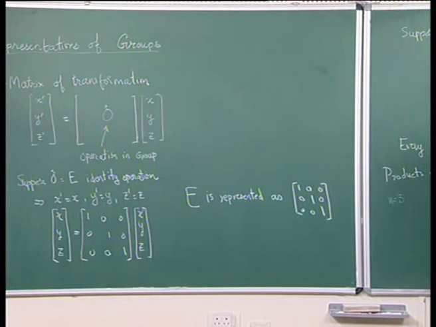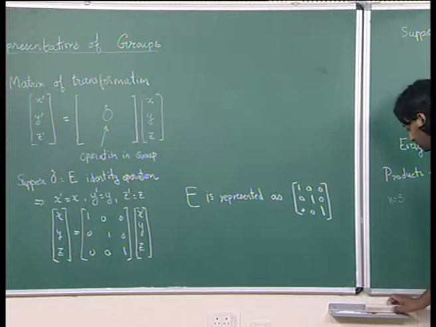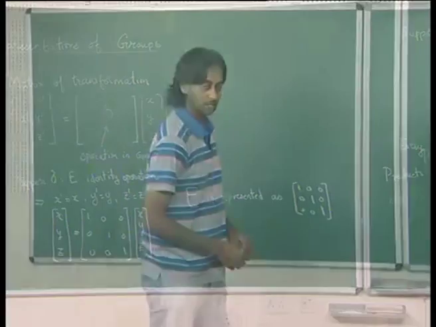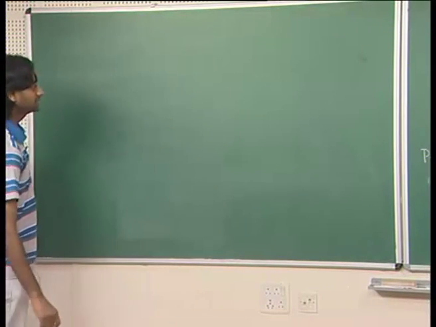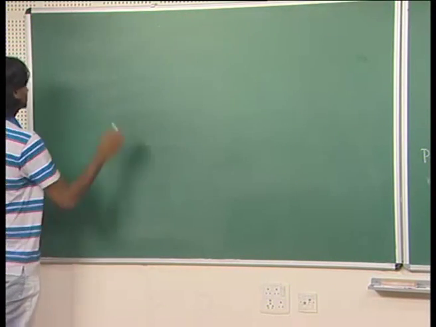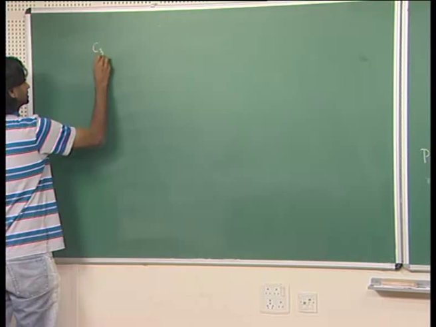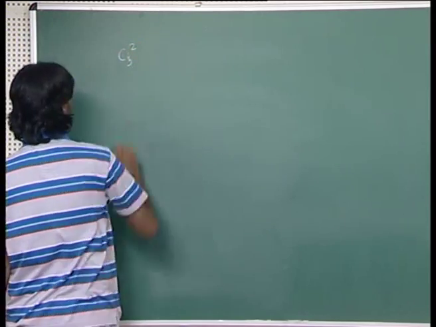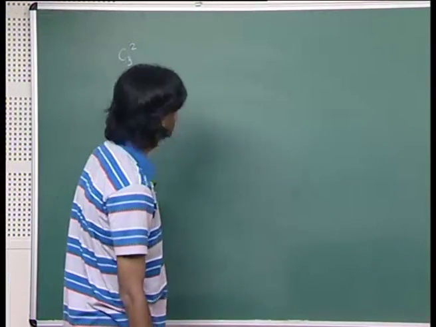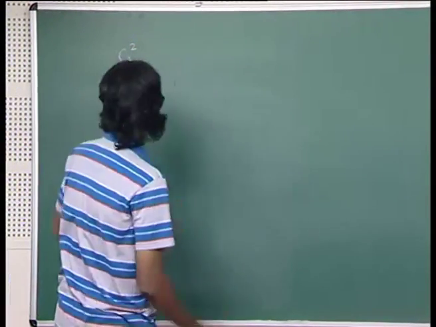Now, the other property of this representation has to do with the nature of these matrices. You notice that C3 square has to be equal to C3 inverse.